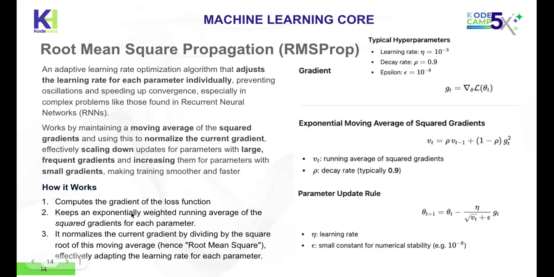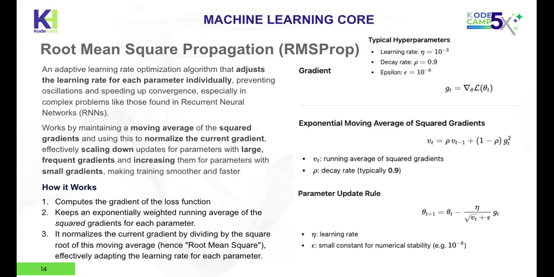And it works by computing the gradient of the loss function. It keeps an exponentially weighted running average of the squared gradients of each parameter, like I've said. Then it normalizes the current gradient by dividing by the square root of this moving average. So that's essentially a root mean square. Remember what we said: when you square things and take the mean of those squared things, that's the mean square.